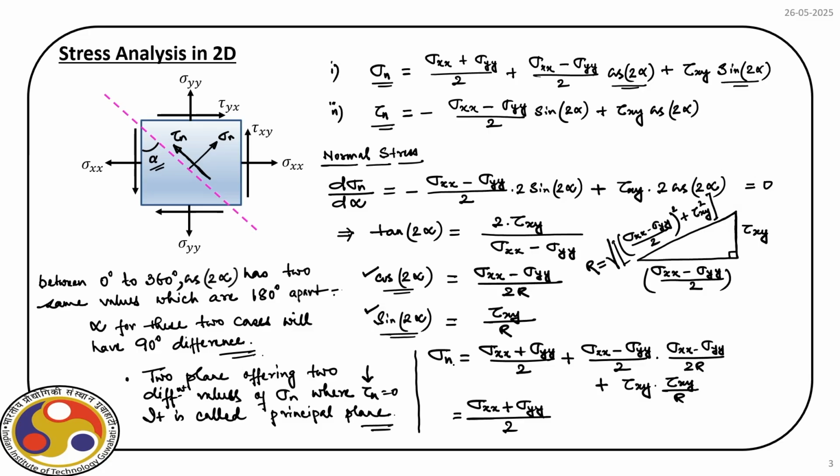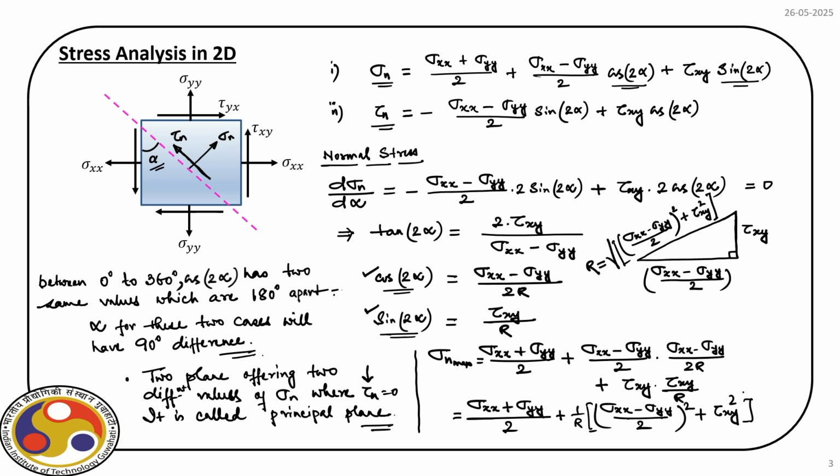Let me write it here, sigma n max will have this expression, which we can simplify. So, plus 1 by r will have sigma xx minus sigma yy by 2 whole square plus tau xy square.